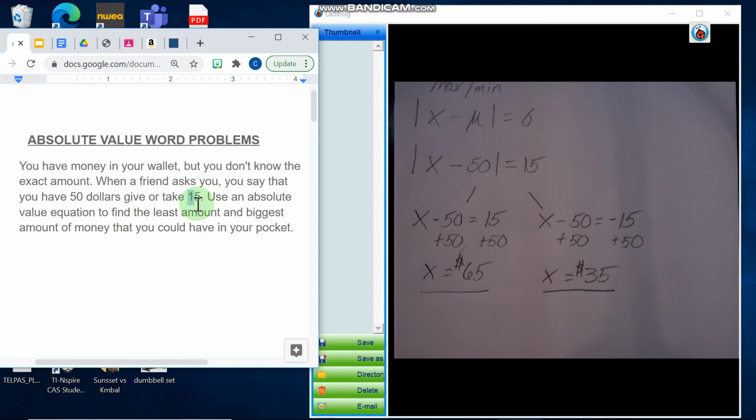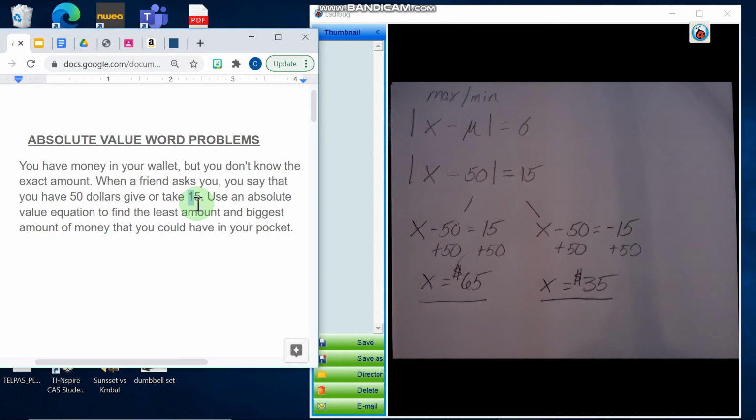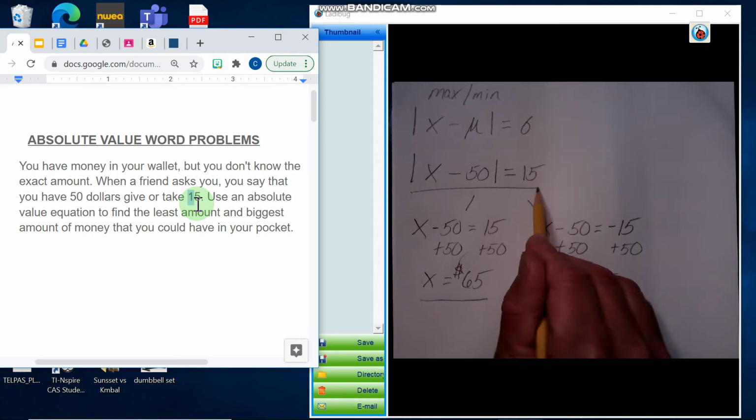Now, looking at that problem, you could also kind of figure it out. If you have $50 and you could have $15 more, that's 65. If you have $50 and have $15 less, then that's going to be 35. It's also very commonsensical, but writing the equation is the fun part. So here's the equation.